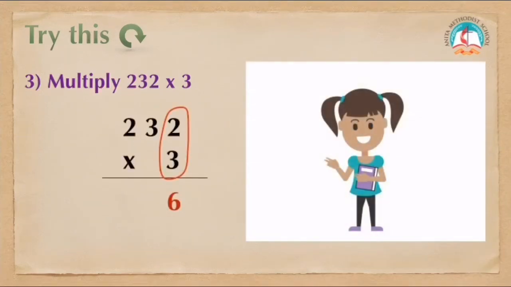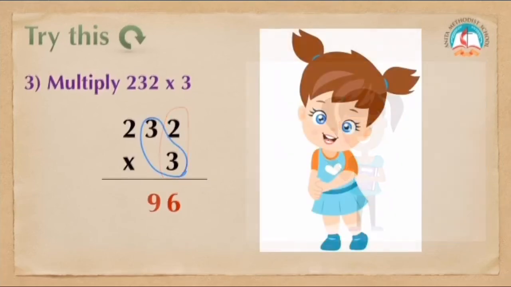First multiply the ones with the 1-digit number and write the answer in the ones column. That is 2 times 3 equals 6. So we can write 6 under this ones column. Now we need to multiply the tens with the 1-digit number and write the answer in the tens column. That is 3 times 3 equals 9.